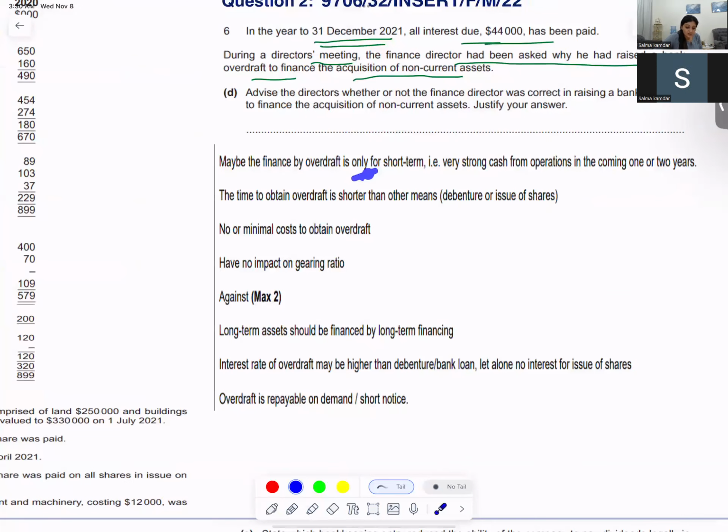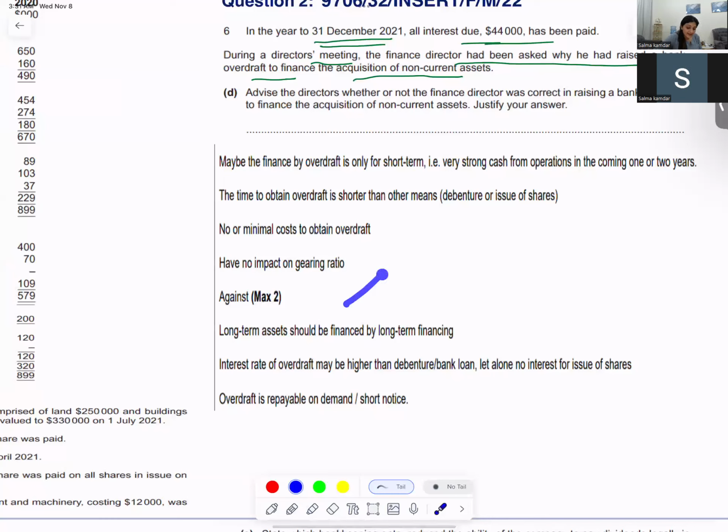Bank overdraft is a short-term loan, so you need very strong cash from operations in the coming year if you have to repay this. Time to obtain overdraft is shorter. That could be a reason why he has raised overdraft. Or there is very minimal cost and it has no impact on the gearing ratio. If he takes more debentures, it will have more loan funds as compared to own funds.